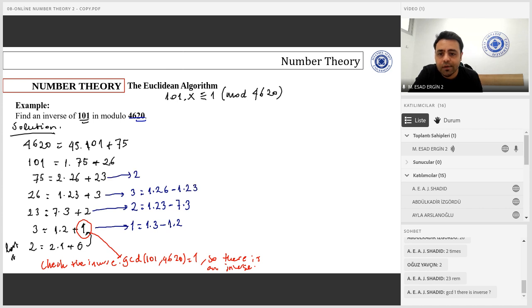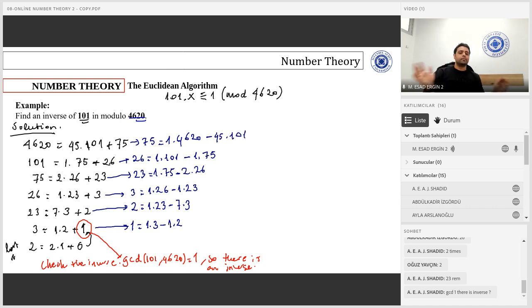And 23 equals 1 times 75 and minus 2 times 26. And 26 equals 1 times 101 and minus 1 times 75. And here we have 75 equals 1 times 4,620 minus 45 times 101.